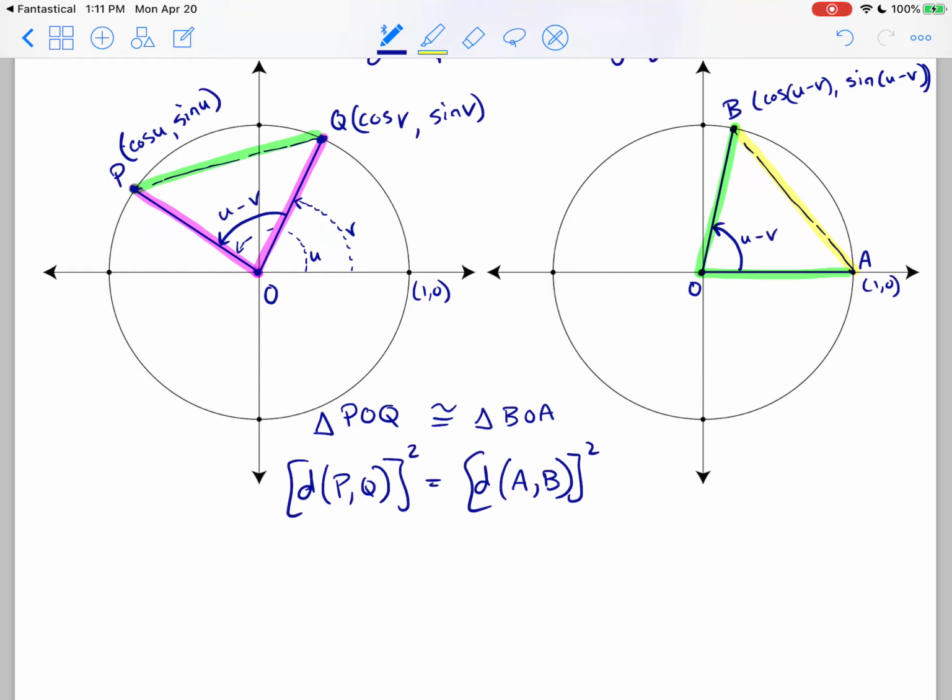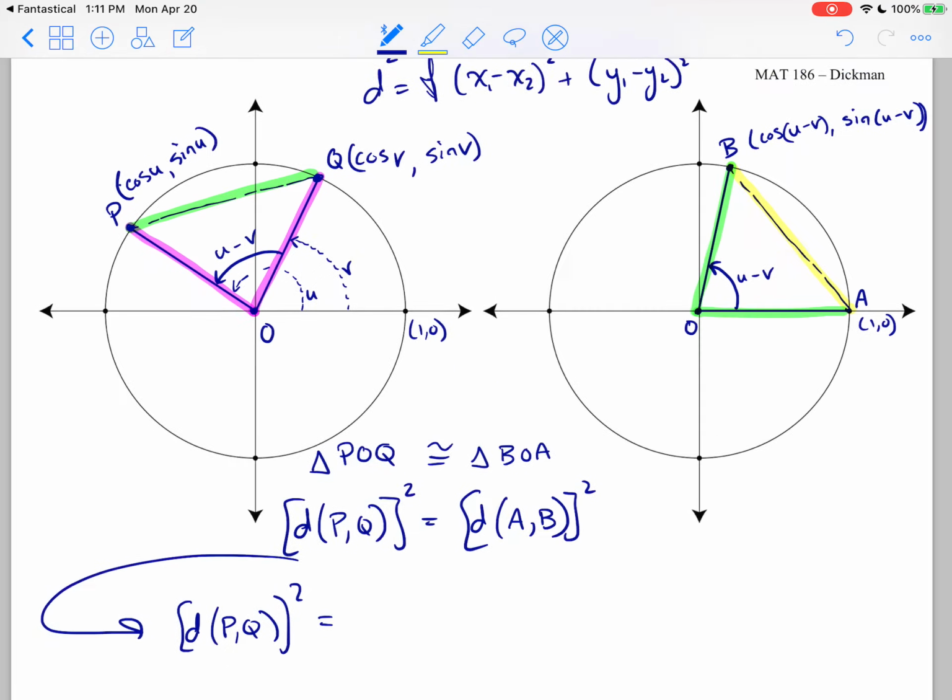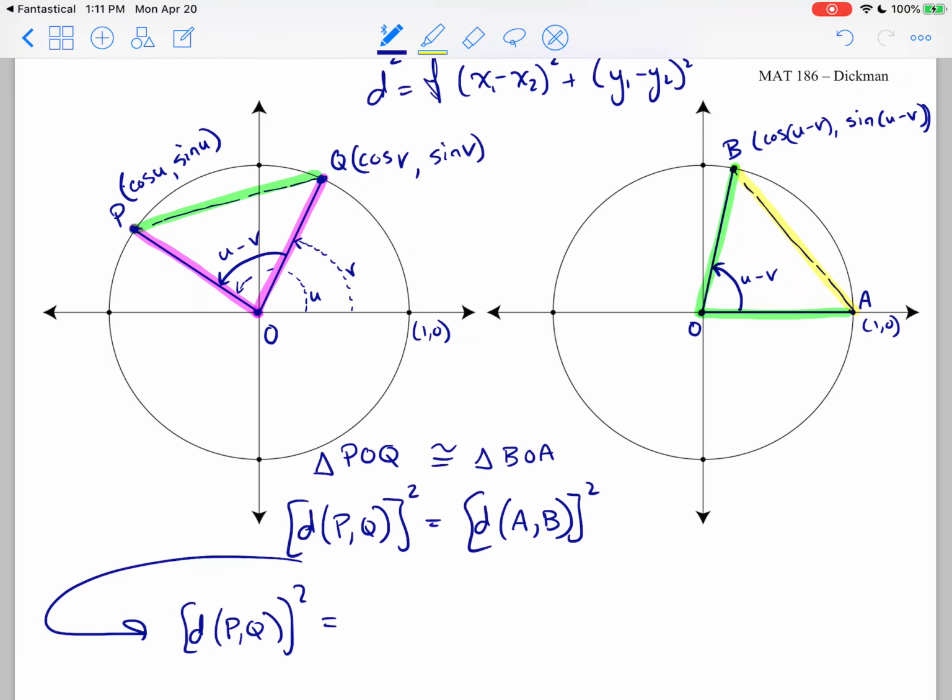So using the left side of this equation, the distance between P and Q squared is going to be basically just the difference in the x values.